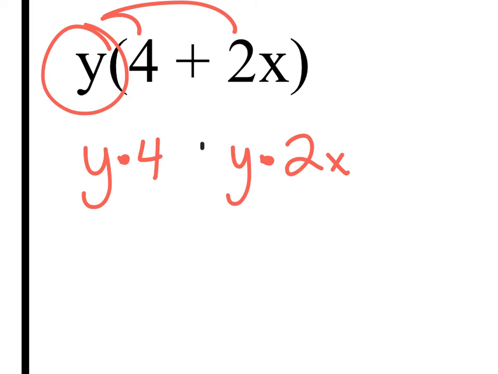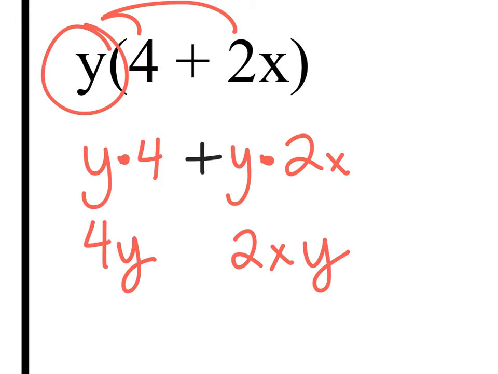Let's make sure we add those terms together and multiply it out. 4 times y, if I have a variable right next to a number, I'm just going to smash the number right next to the variable and get rid of that multiplication sign. So over here, I've got y times 2x, so I can just smash those all together. It would be 2xy. Now just add your 2 terms together.